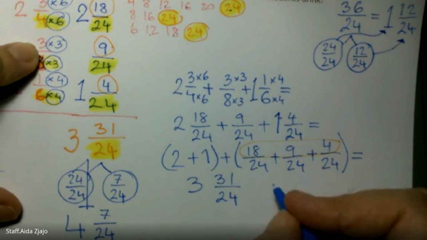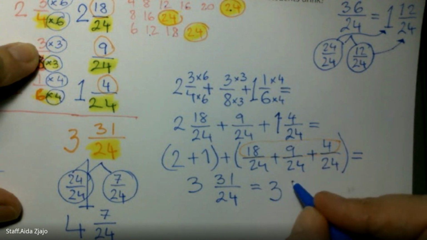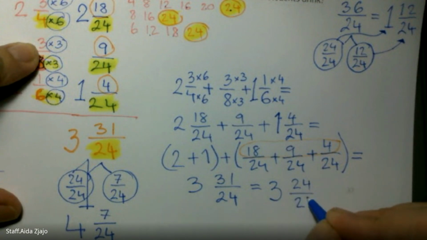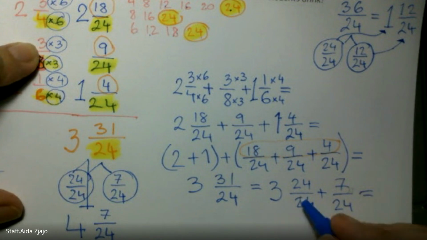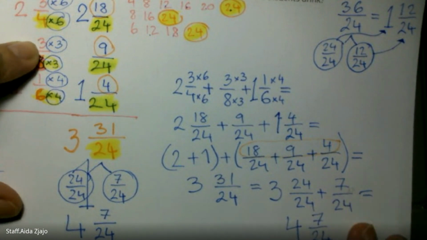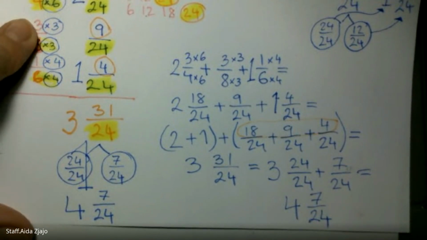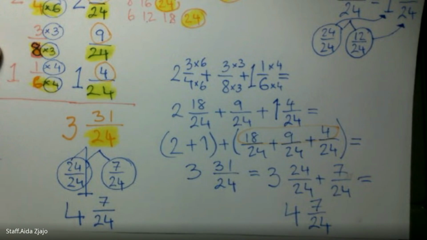So if I decompose this, I will have 3 wholes, 24/24 plus 7/24. And that will finally give me 4 wholes and 7/24. Okay, so that would be your word problem about milk, how much milk the kids have.